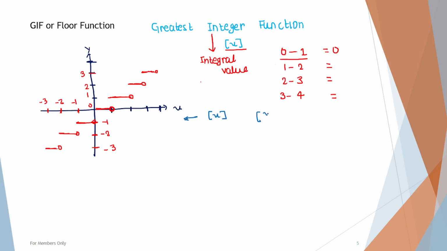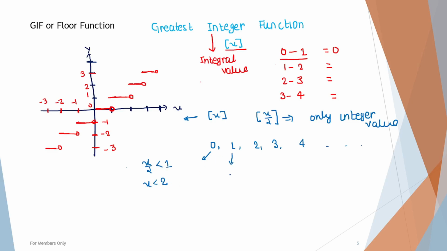And when we draw [x/2], since this takes only integer values, its range will be only 0, 1, 2, 3, 4, and so on. It will be 0 only when x/2 is less than 1, that means x is less than 2, and it will be equal to 1 when x/2 is less than 2.